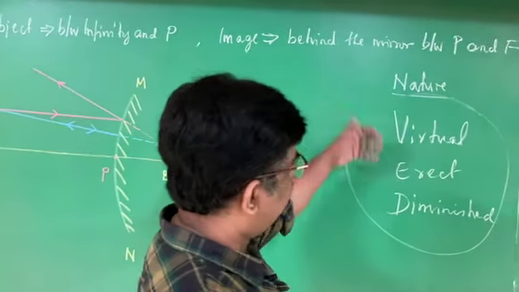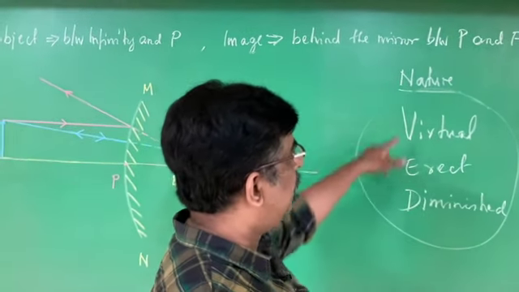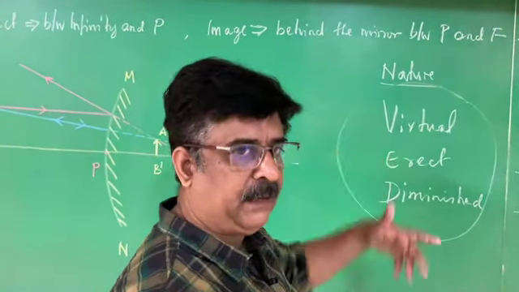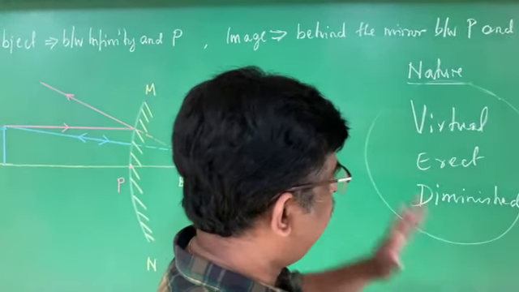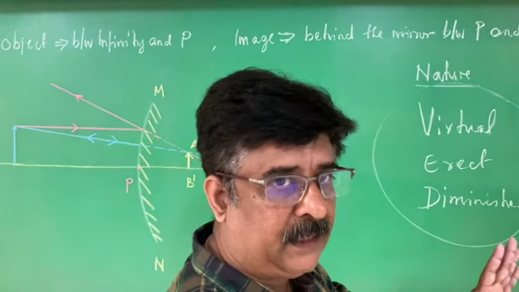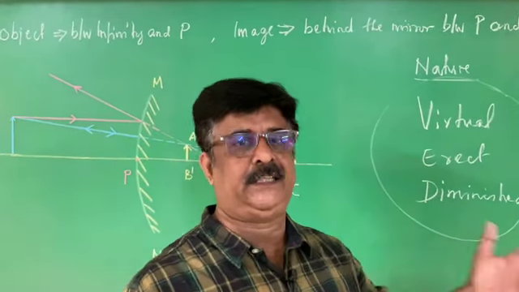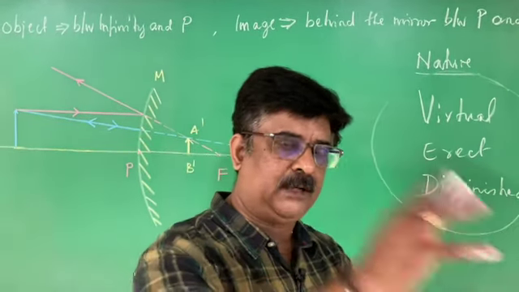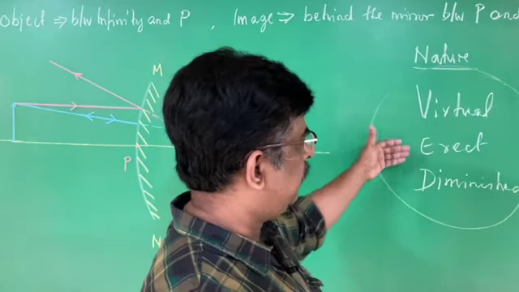In the public examination, they don't ask because students know it by heart. Virtual, erect, diminished is the nature of the image formed by a convex mirror. If it is a concave mirror, we get all different types of variations. We can get a real image, we can get a virtual image, everything. Here we always get a virtual, erect and diminished image.